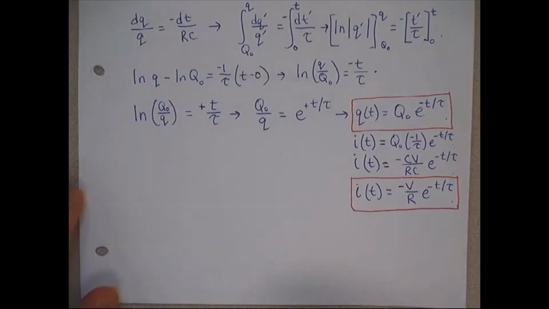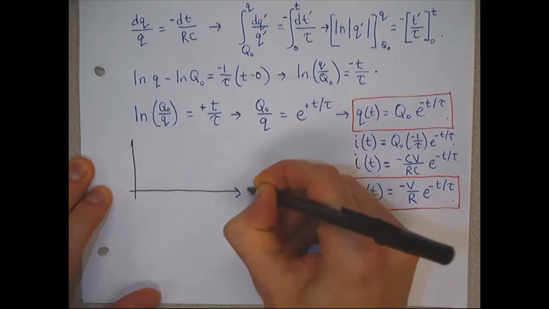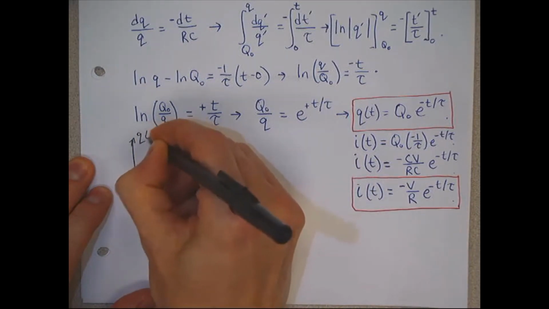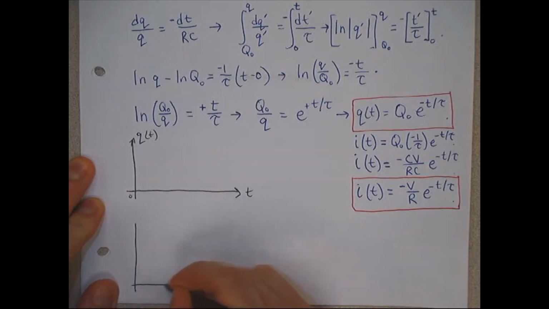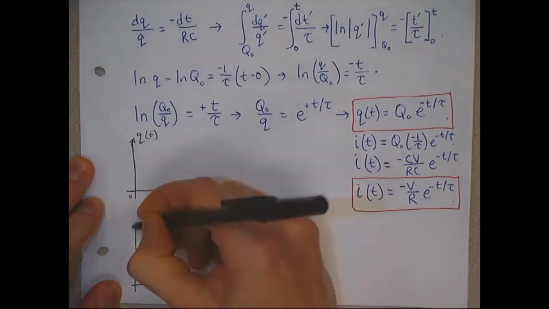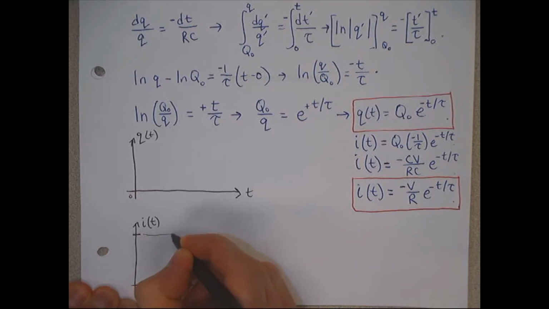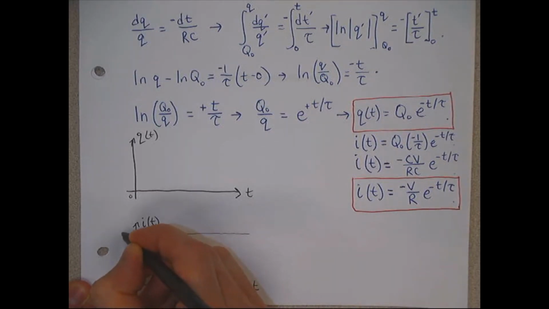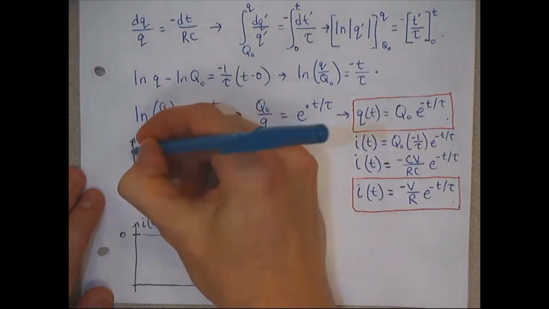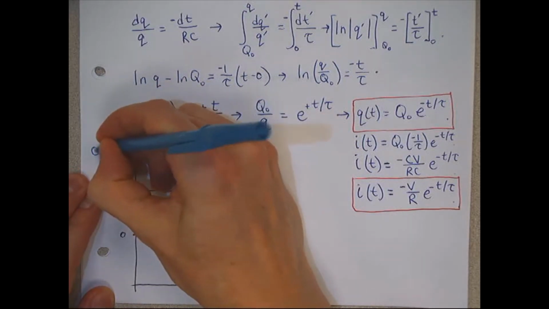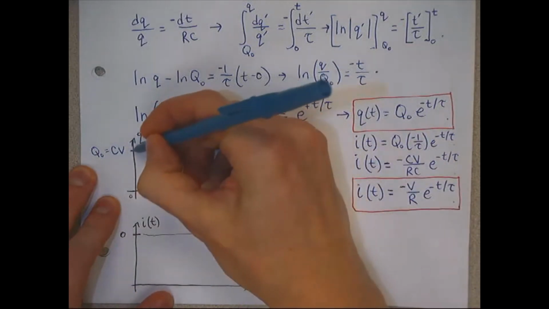Quickly, what do these plots look like? We have charge as a function of time, and we have current as a function of time. I like to place the zero of current up here. The charge begins at Q0, which was our CV, and it decays exponentially.